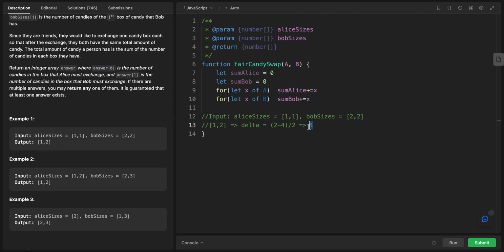So I will say let delta equal the sum of Bob minus the sum of Alice, divided by 2.